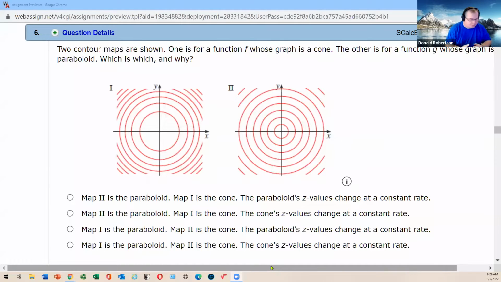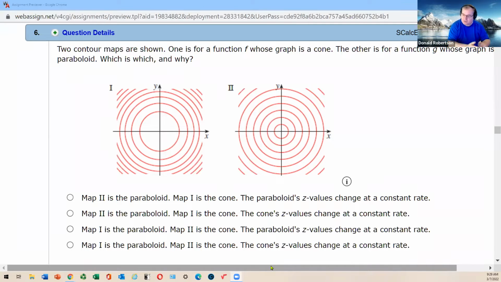Now, there is a difference between a cone and a paraboloid. When you cut a cone at height 1, height 2, height 3, height 4, the circles are evenly spaced. So radius 2, radius 3, radius 4. When you do a paraboloid, they are not equally spaced. They are circles, but did you notice in that really bad one, the circles got closer to each other the further away I went?